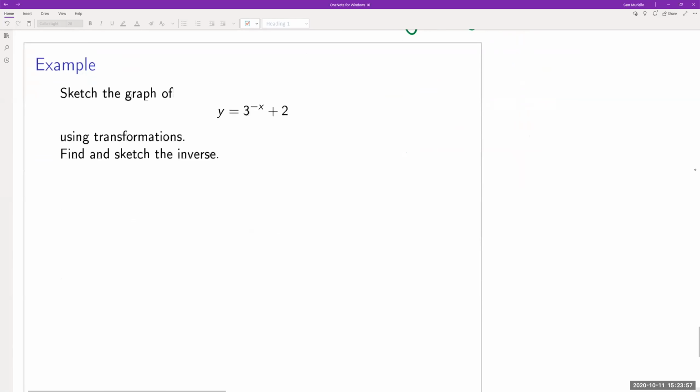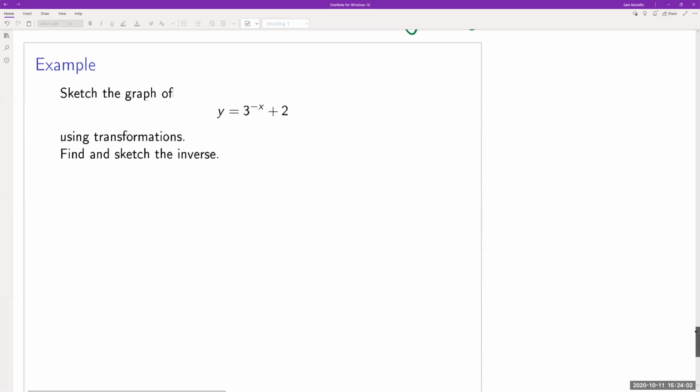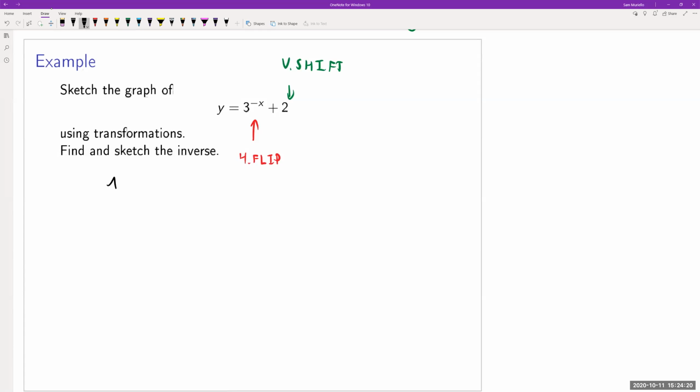Finally, let's take a graph of an exponential function, sketch it using transformations, and then find and sketch the inverse. Now, we did an exponential sketch before. This time, there's only a couple of changes. I see a horizontal flip and a vertical shift. So like always, we'll begin with the original graph, y equals 3 to the x, which goes through 0, 1, and 1, 3.